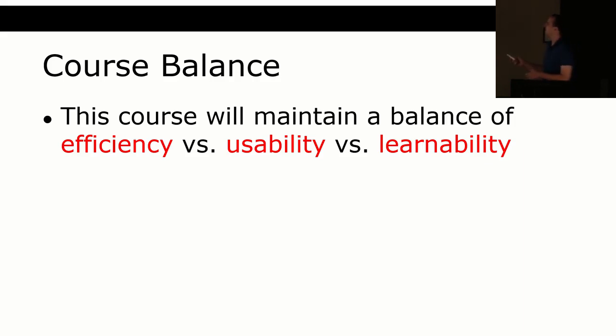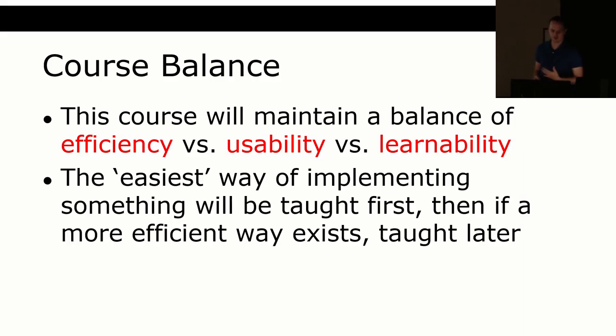And learnability is, can I teach this to an undergrad class in a couple of months, right? So the course is really a balance of those things. And what we'll do is, we'll start off with the easiest way of implementing something, and then we're going to talk about more efficiency as we go with the course.